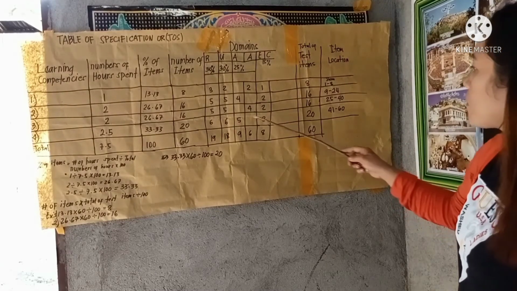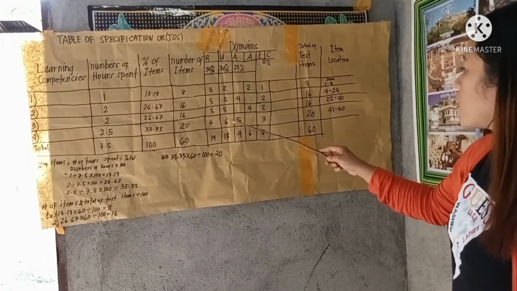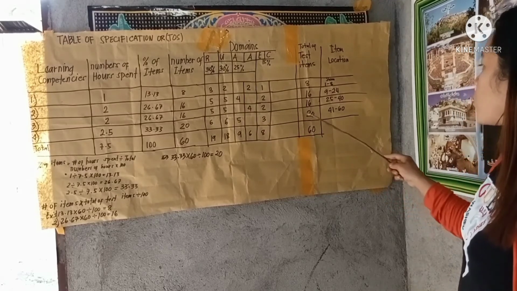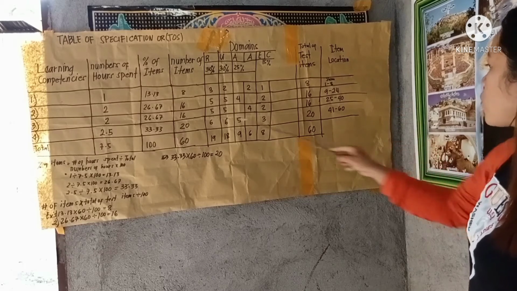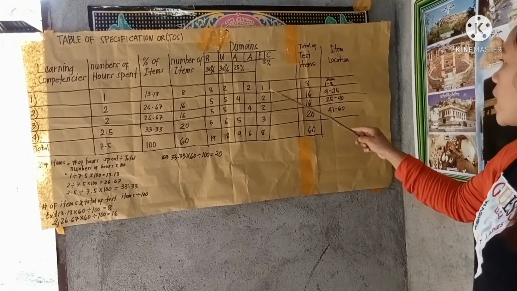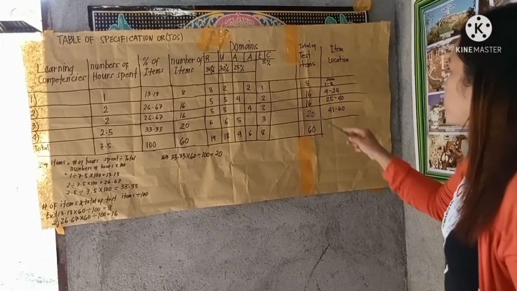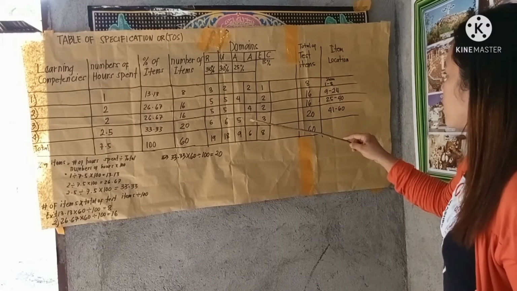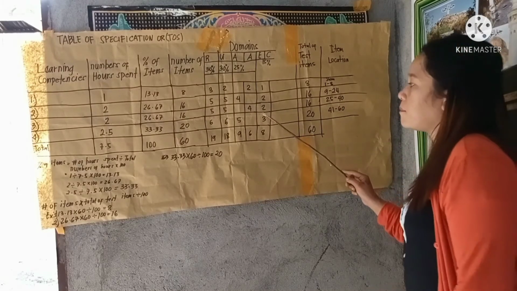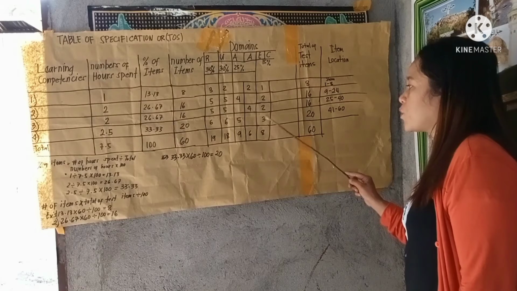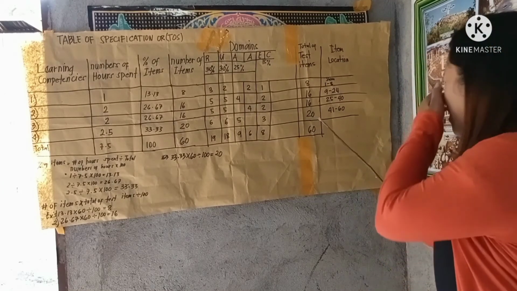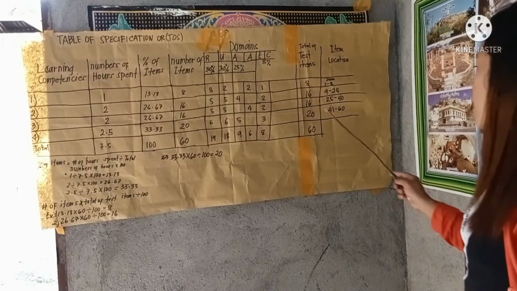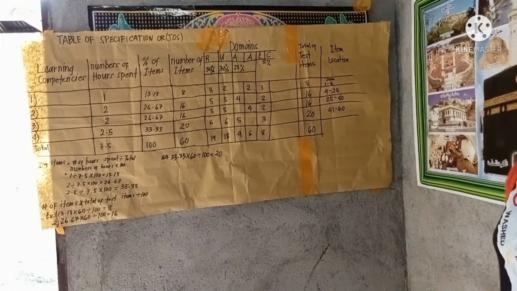Then let us add: 12. As long as the result is 20. So, the total of test items is 20. You can put numbers here, but just change them to 2 or 1, as long as the result is 20.